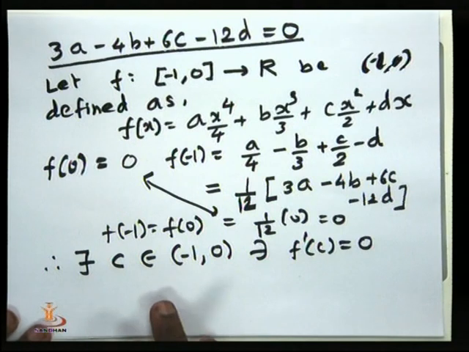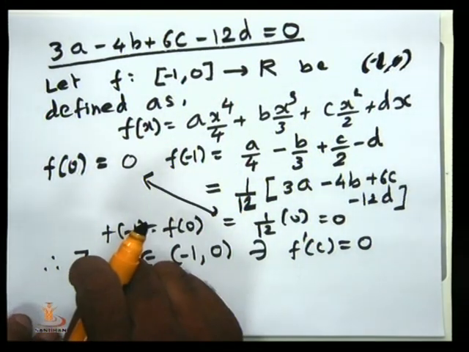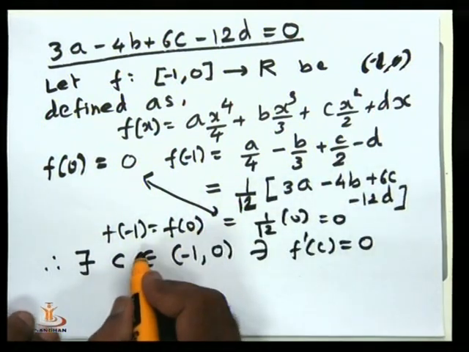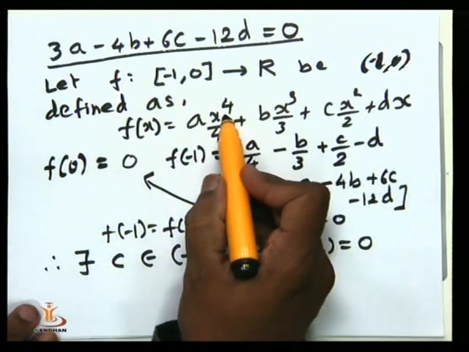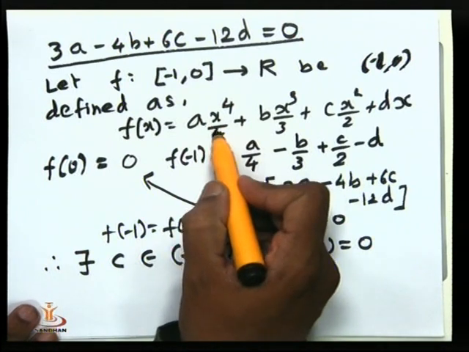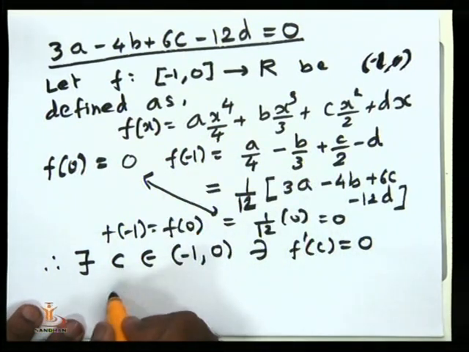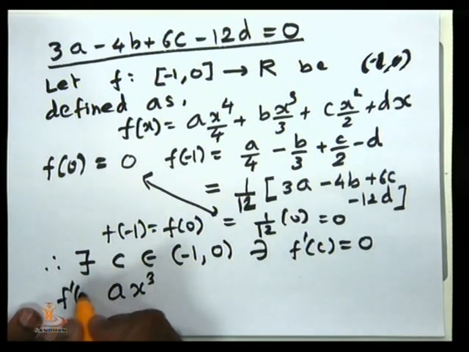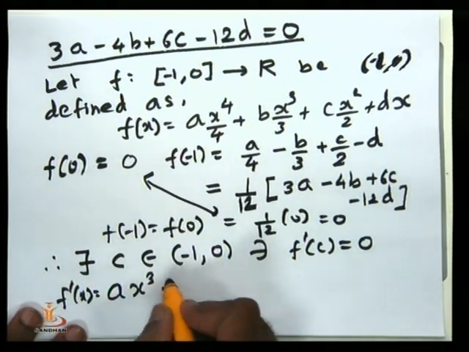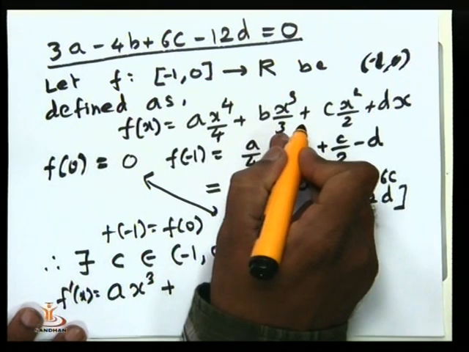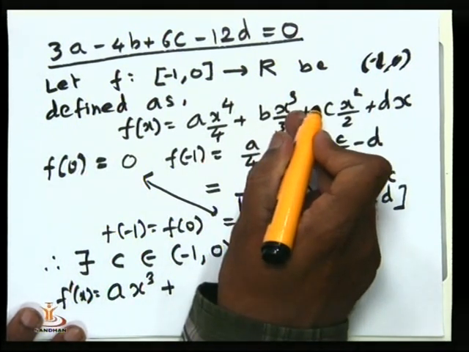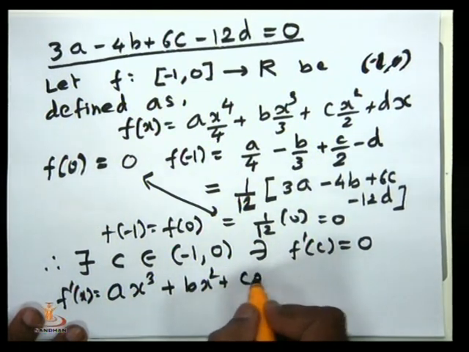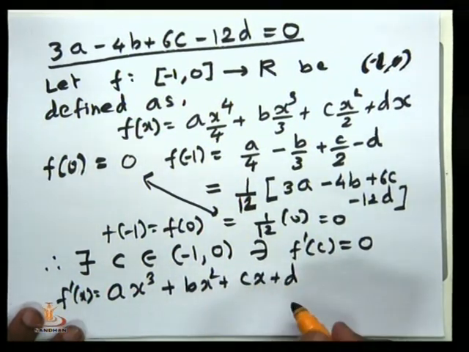Now, as this is a simple function, I will put the value directly. What is the derivative of this? The derivative of x raised to 4 is 4x cube, so 4 will be cancelled and you will get a into x cube. This is the f dash x I am writing here, a into x cube. The derivative of x cube by 3 is x square, the 3 gets cancelled, so bx square, then similarly cx plus d.